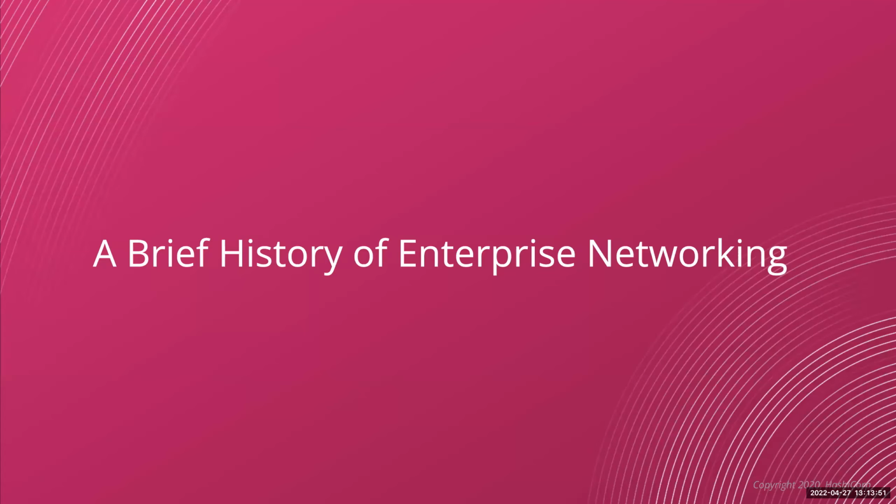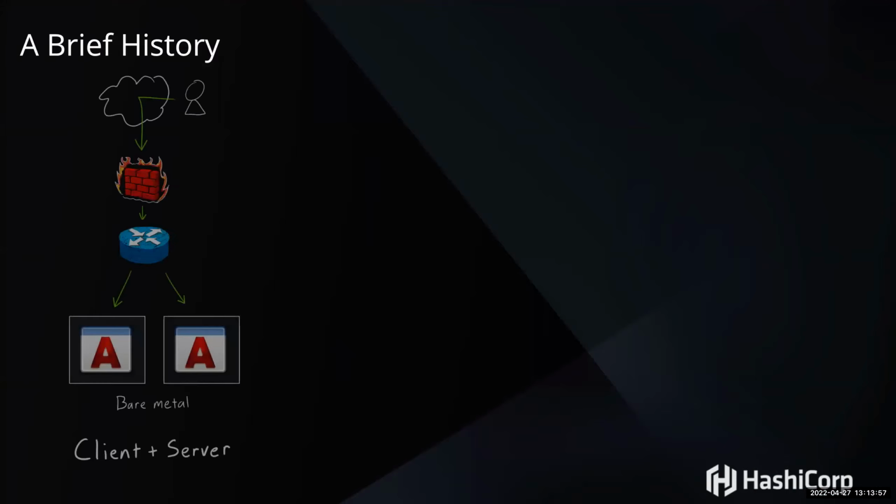So, a brief history. Now, I just have a couple of slides here. I'm just going to go at a very high level, right? I'm not going to give you a networking 101 lesson here. But traditionally, what we have seen is this journey from a client-server model where an application might be deployed in a monolith model. Maybe it's tied to a single bare metal server.